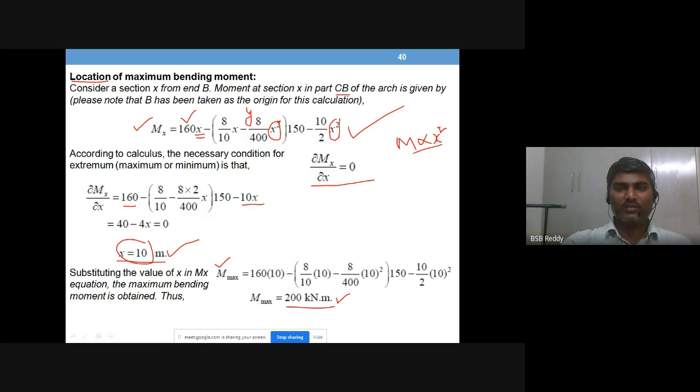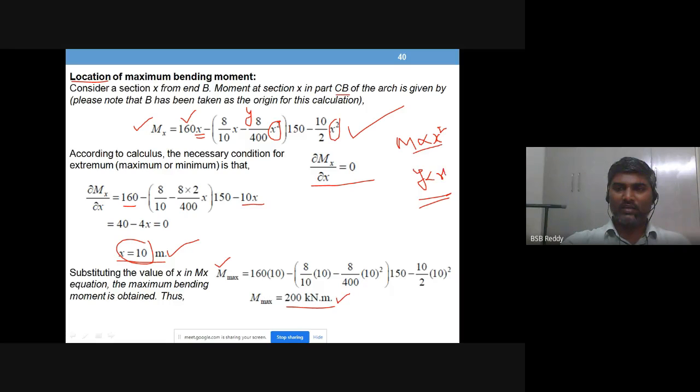Even in this portion BC, you are having UDL. Whether it is a point load or UDL, why are you getting this behavior of bending moment as a parabola? Because you always have a term y in the bending moment, and y is always proportional to x square.